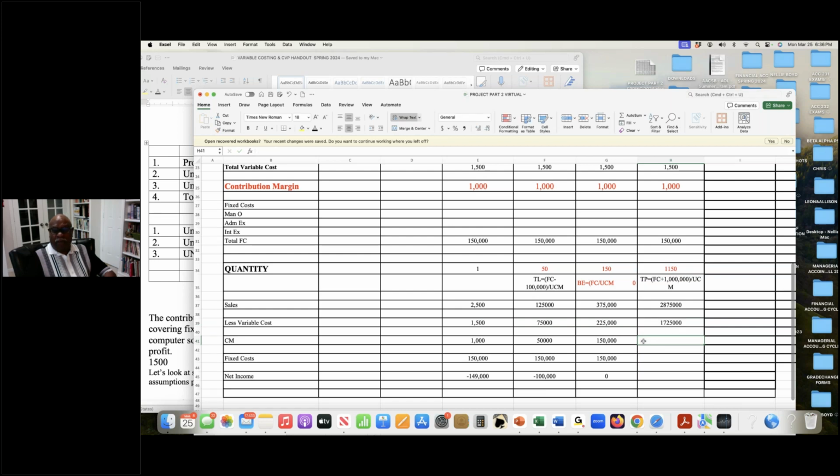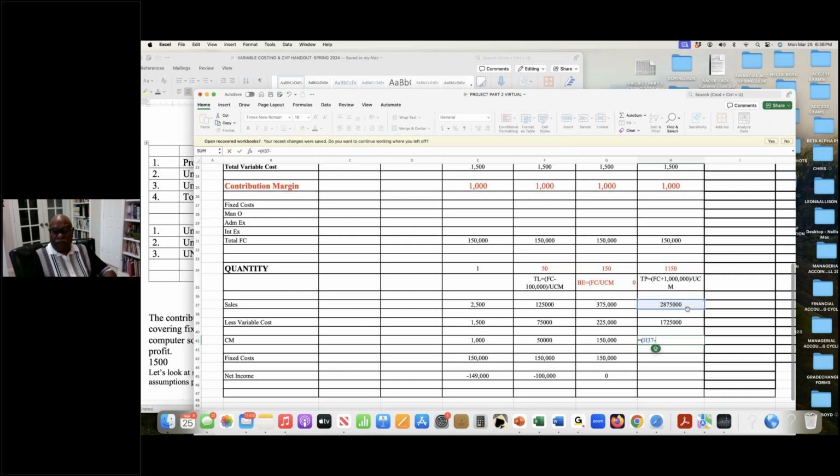And then our contribution margin is simply going to be equal to sales minus the variable cost. We get 1,150,000. Our fixed cost is going to be equal to, we're keeping it the same, 150,000.